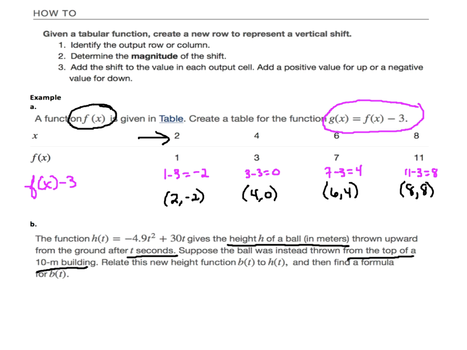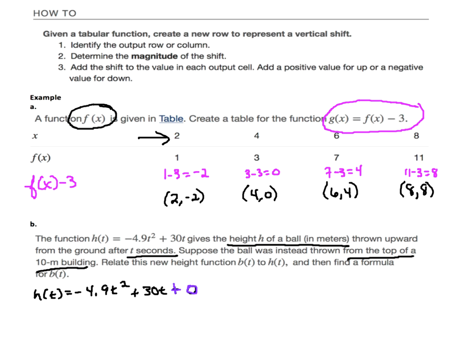Then find a formula. Well, if you think about it, I could actually rewrite h(t) as negative 4.9 t squared plus 30t plus 0. The reason I say I could rewrite it using a plus 0 is because, remember, my output is height.